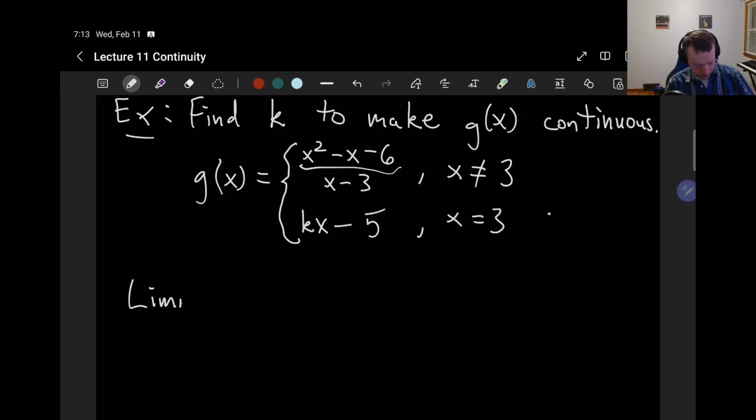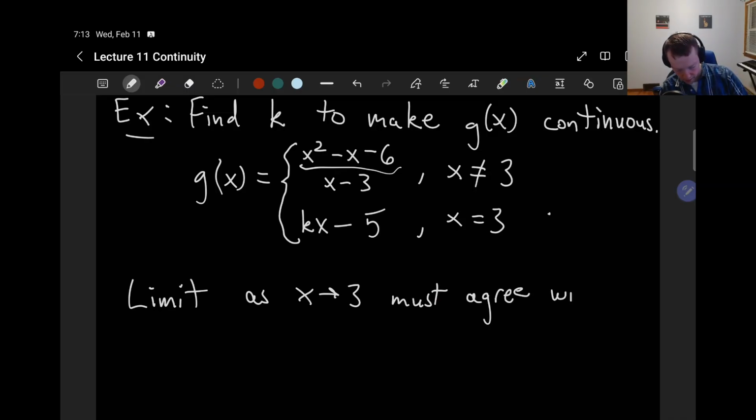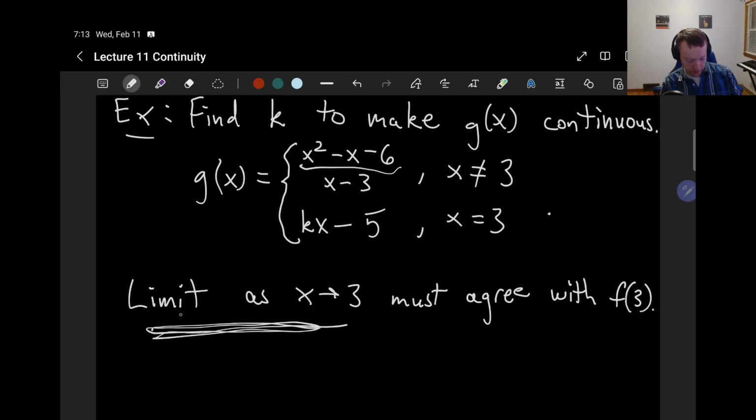So the limit as x approaches 3 must agree with the actual function value at 3. So the value your function is approaching is the same as the actual function value, so no sudden jumps, essentially.